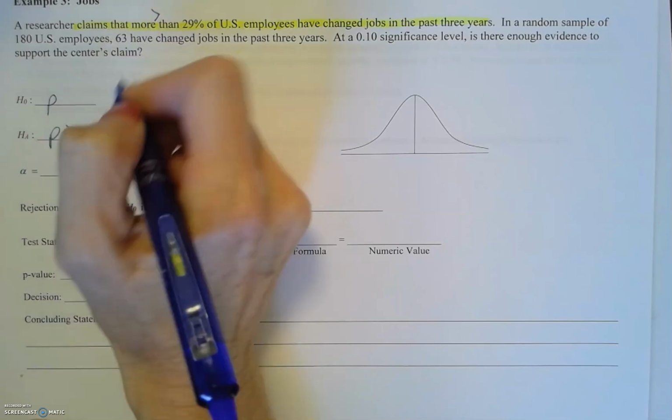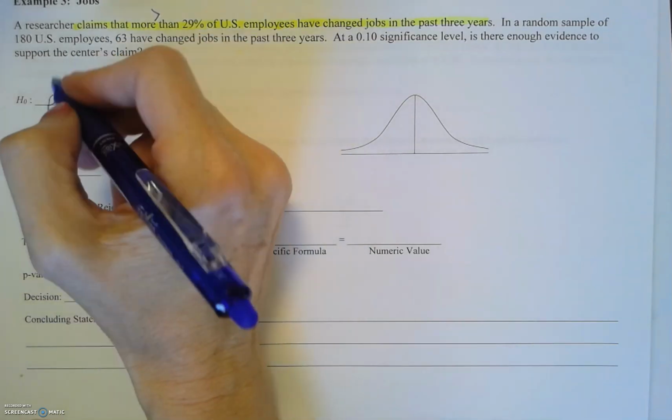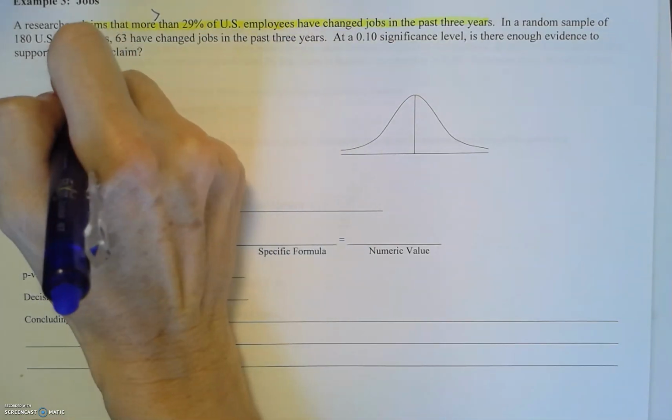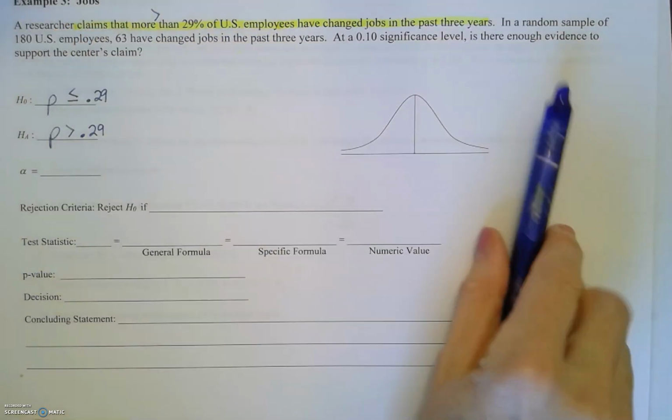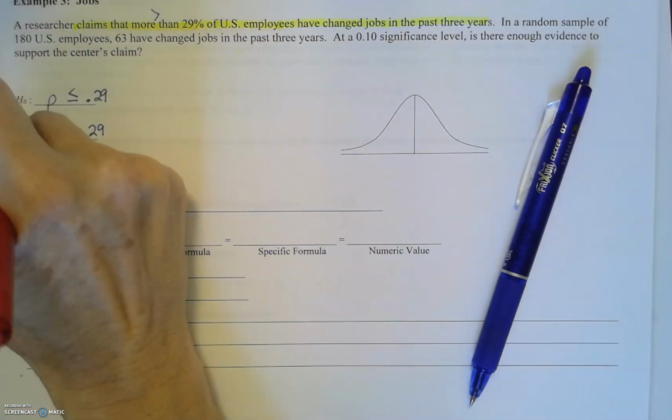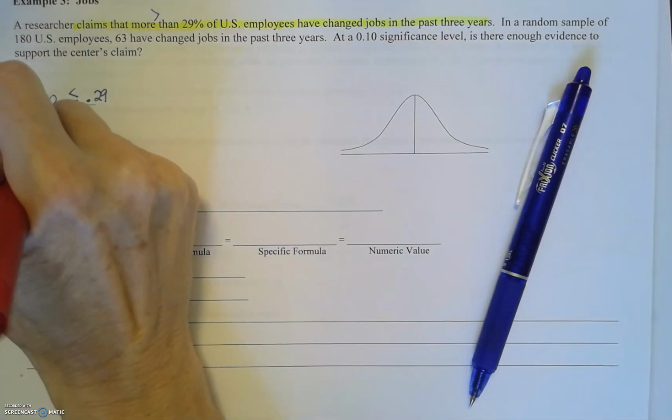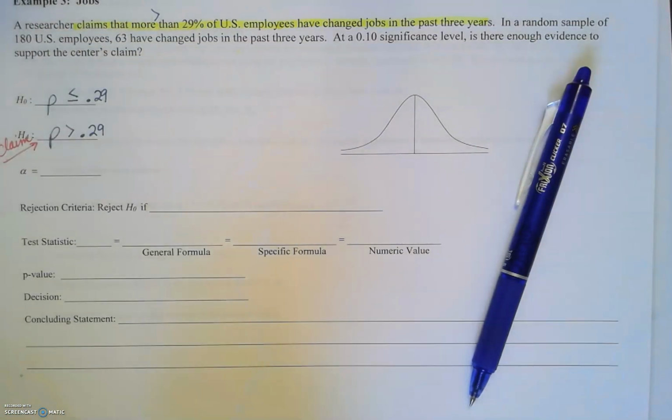So H sub A is P is greater than 0.29. That means H sub 0 should be P is less than or equal to 0.29.